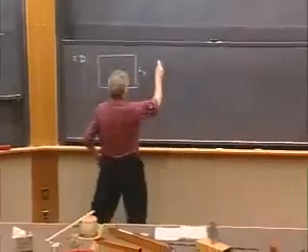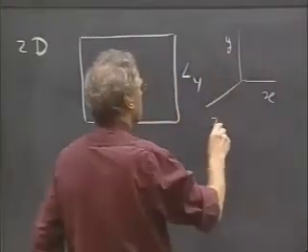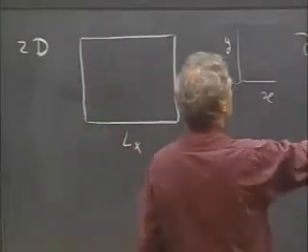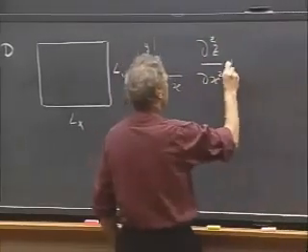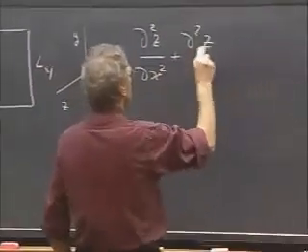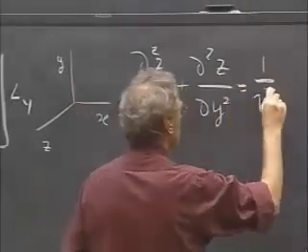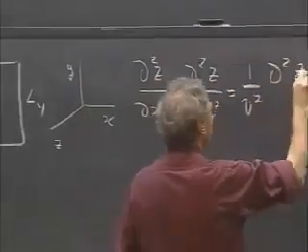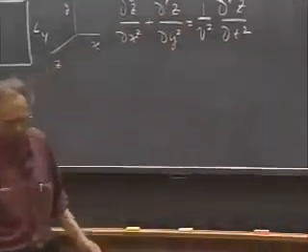So now our one-dimensional wave equation becomes a two-dimensional wave equation. And so if this is my coordinate system, x, y, z, then now we get that d2z/dx squared plus d2z/dy squared is now 1 over v squared times d2z/dt squared. That now is a two-dimensional wave equation.